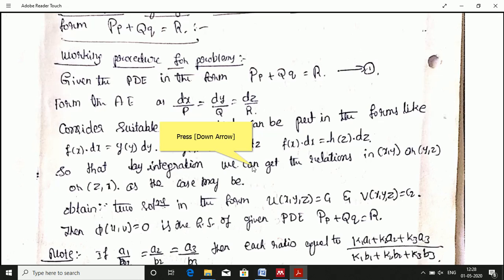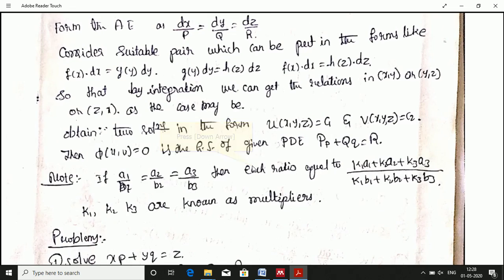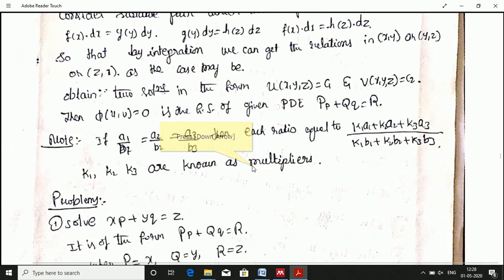Suppose it is not possible to put the ratios in the form f of x into dx is equal to g of y into dy, or g of y into dy is equal to h of z into dz, or f of x into dx is equal to h of z into dz. By that time we need to use the properties of ratio and proportion.